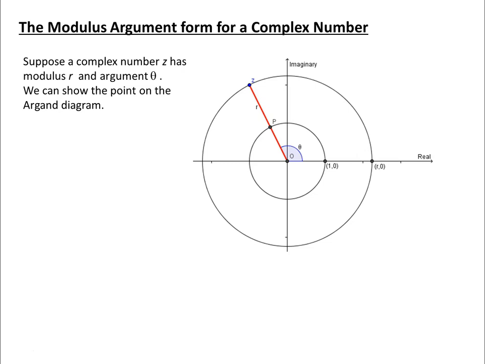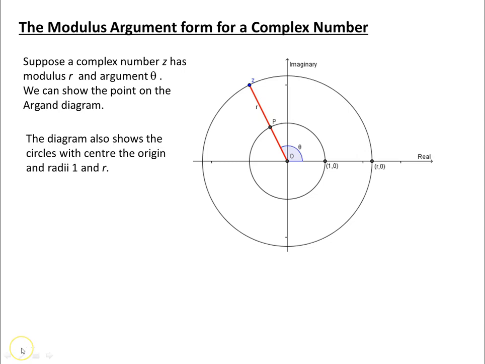What we've also shown on that diagram is the circle with centre the origin, but with radius 1, and the point P where that circle meets the line joining O to z. From what we've just said, the x-coordinate of P is cos theta and the y-coordinate of P is sine theta. That simply follows from the definitions of cosine and sine.